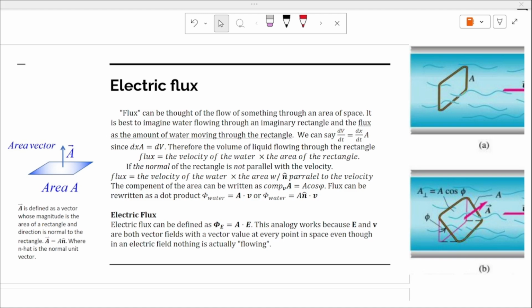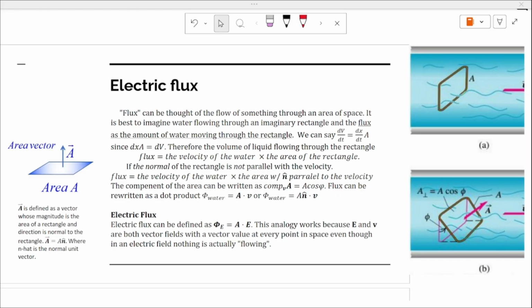Electric flux. Flux itself can be thought of as the flow of something through an area of space. It's best to imagine a fluid flowing through an imaginary rectangle, and the flux as the amount of fluid moving through the rectangle. The volume flow rate of the fluid through the rectangle is dV/dt, where V is the volume of liquid that has passed through the rectangle in small time dt.